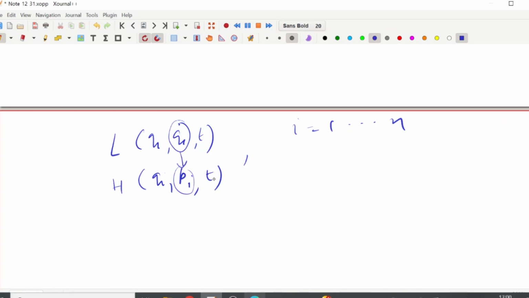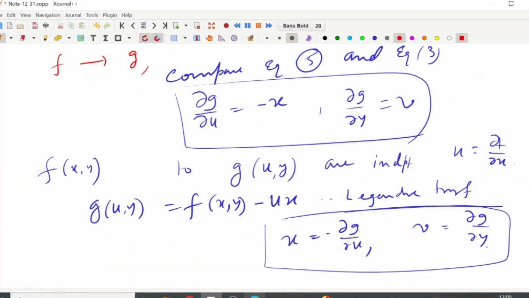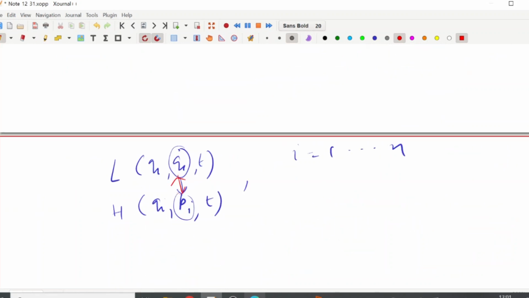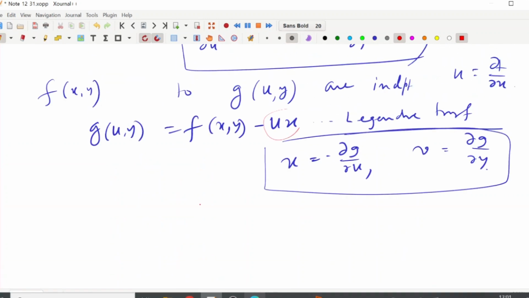So, we have to write the Legendre transformation keeping this in mind. What are the interchanging variables? That is important, because you must have noticed that x and u are interchanging. Okay. So, if x and u are interchanging, then in the Legendre transformation we have this product.